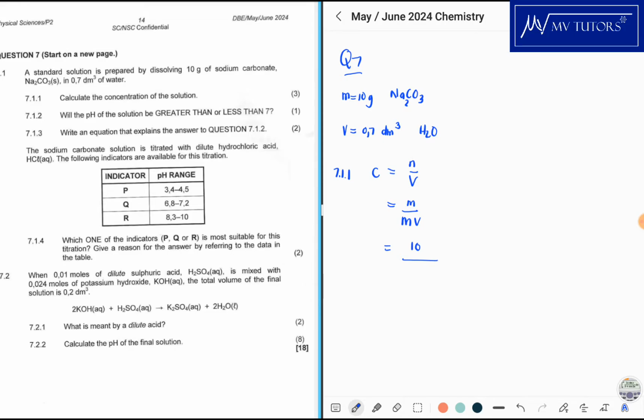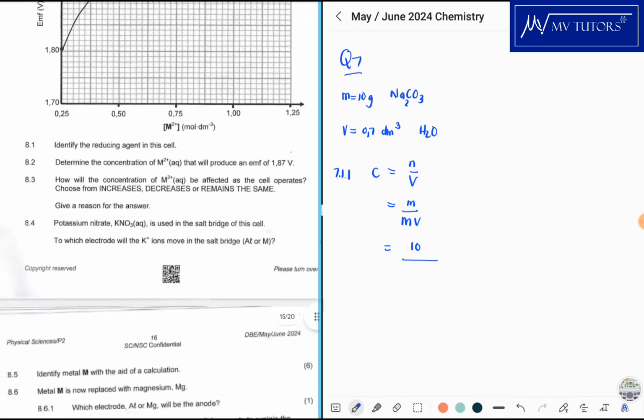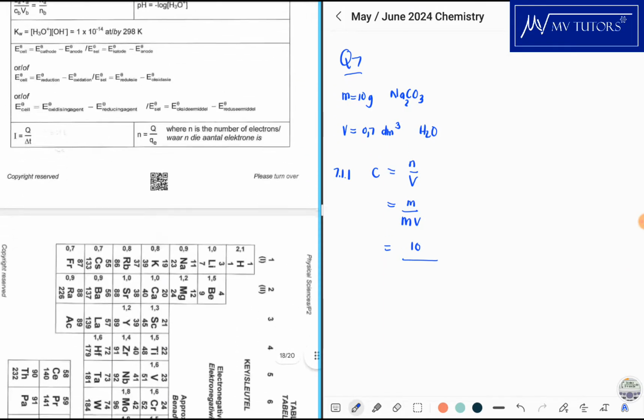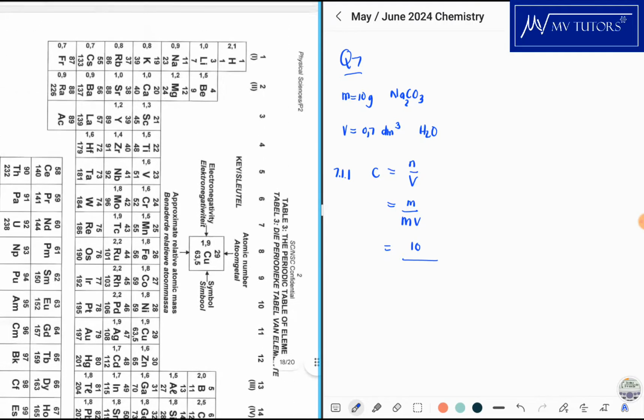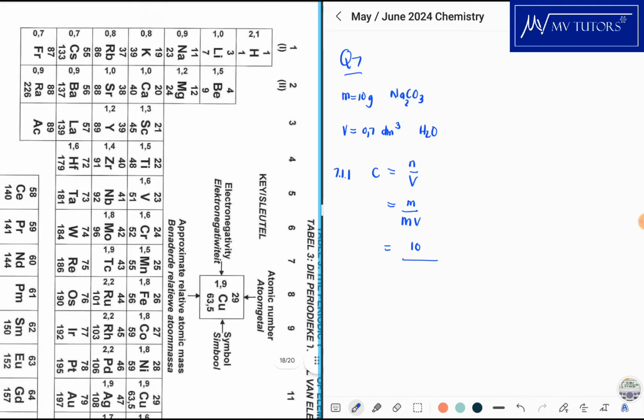Sodium carbonate, okay, we're going to need the periodic table. So let's just go there. Okay, we have 2 times the sodium. Sorry, please just bear with me. So the molar mass, we have 2 times sodium, 1 carbon, and 3 times the oxygen.